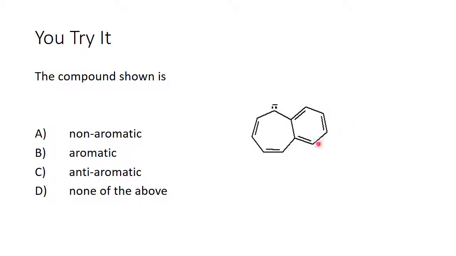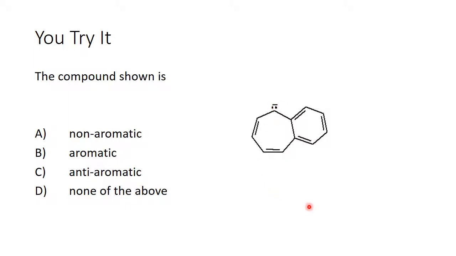Okay, we have to count the electrons in the pi system. This is a fused ring, but all of these can participate in 1 pi system, even though the ring is fused. So we count the electrons to see what number of electrons we have in the pi system. 1, 2, 3, 4, 5, 6, 7, 8, 9, 10, and then this carbon, it has only 1 hydrogen on it and these 2 single bonds, so these electrons can be in a p orbital.